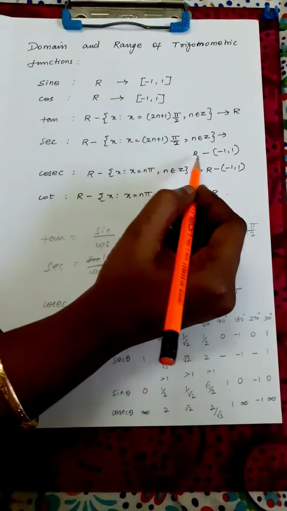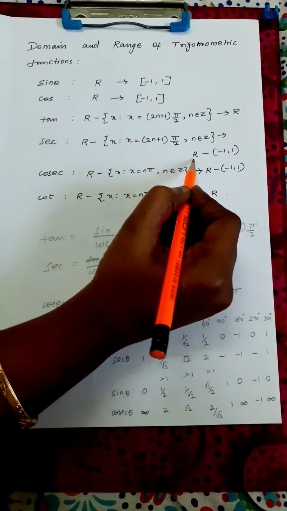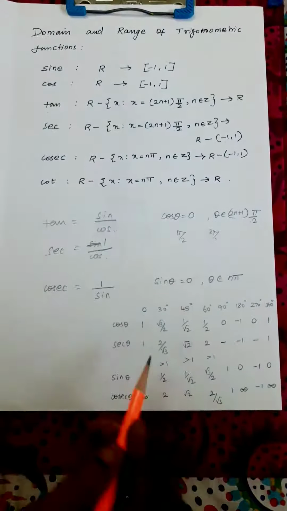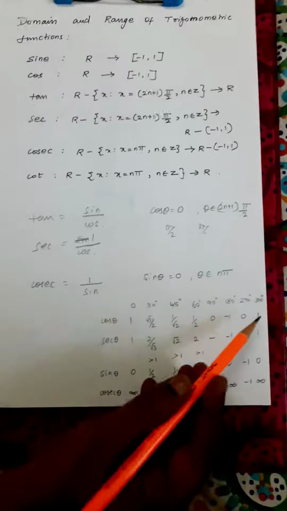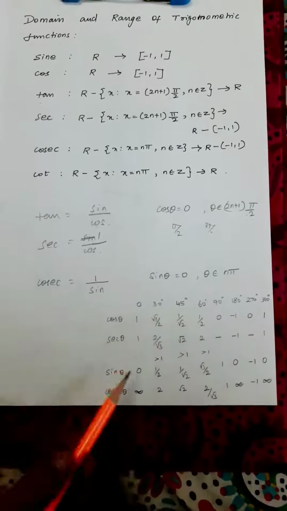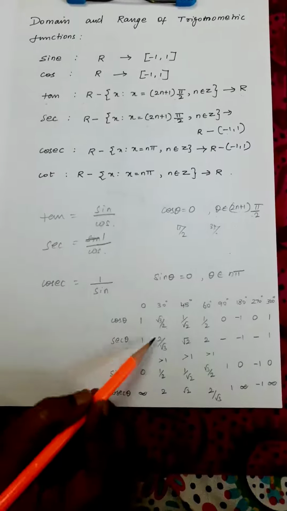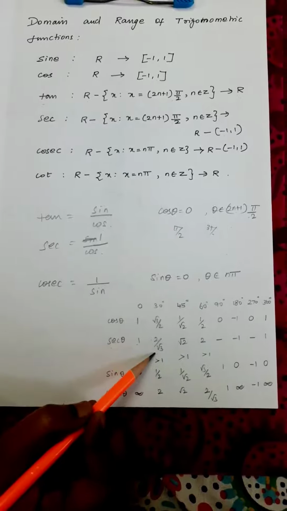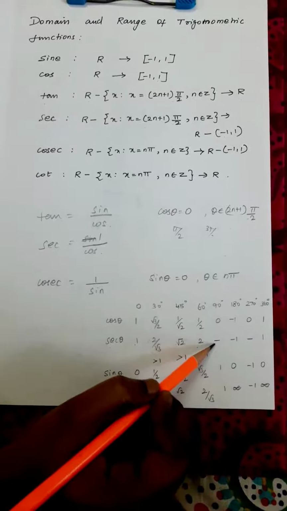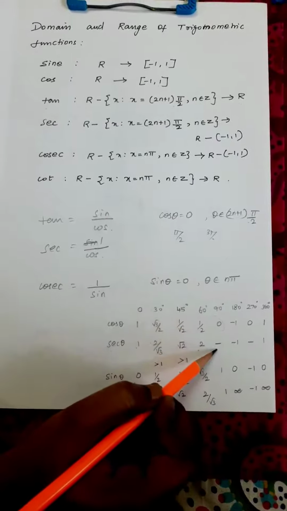And the range is the set of all real numbers except the open interval minus 1 to 1. See here. Cos theta value for one full rotation is 1, root 3 by 2, 1 by root 2, 1 by 2, etc. Secant value is 1, 2 by root 3, that is 2 by 1.732, 1.414, 2, and does not exist because cos value is 0. So secant does not exist.